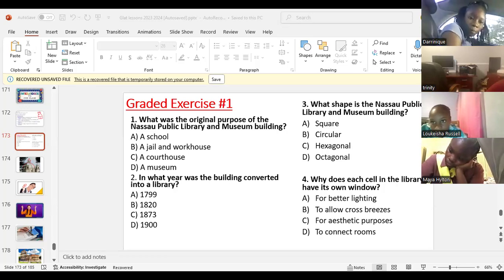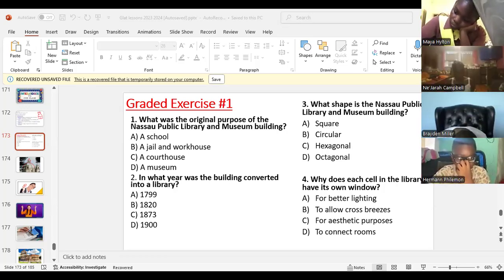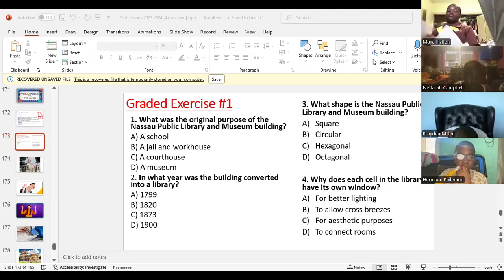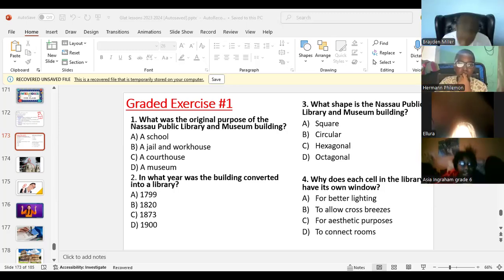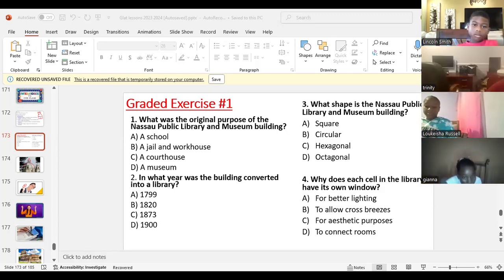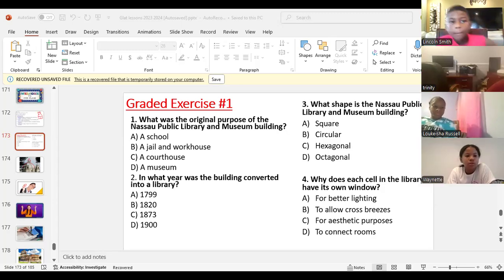Where's Lincoln? I think Lincoln has to go. Lincoln, you have to go, right? Yes, sir. All right then. Do you have a picture of this before you go? So you could finish it when you come from practice. Asia, what number you on? Going on number 4.